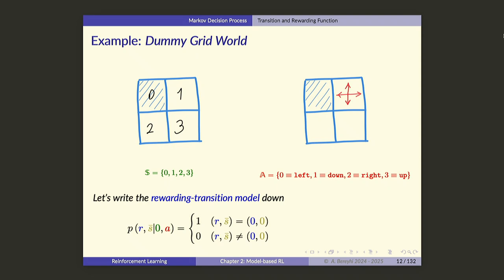And the reward that I'm going to collect is always going to be 0, right? So now, when I am at the terminal state, no matter what the action is, the next state is going to remain the terminal state. The reward that I'm collecting is going to be 0. This happens with probability 1, and anything else happens with probability 0. Everybody's cool? Good. So S equal to 0 is the terminal state here.